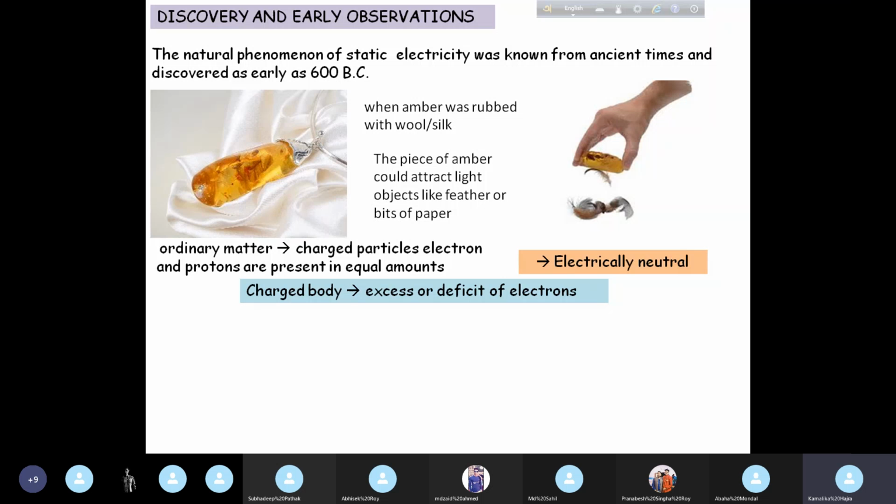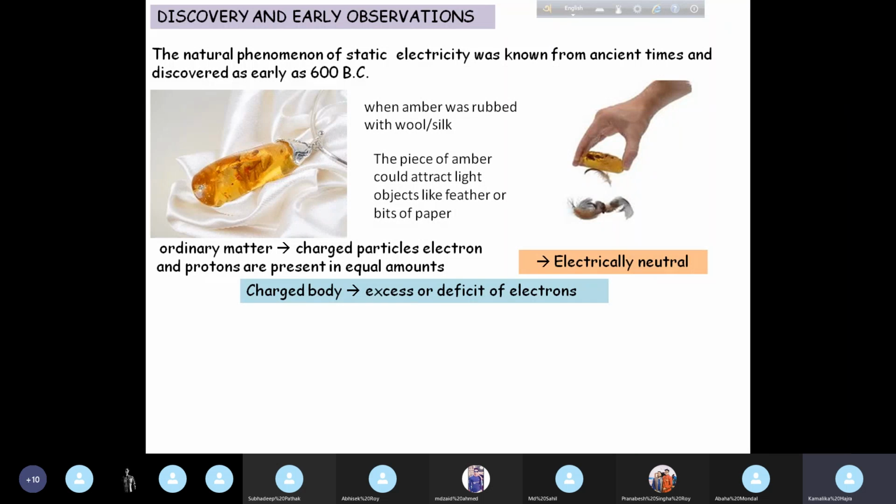You know that protons cannot be taken out of atoms. Protons are present in the nucleus. Electrons travel in orbits, and the outermost electrons, the electrons that are farthest away from the nucleus, are loosely bound to the atoms, and therefore certain forces can be large enough to tear these electrons away from the atom.